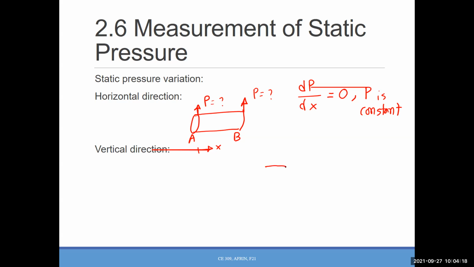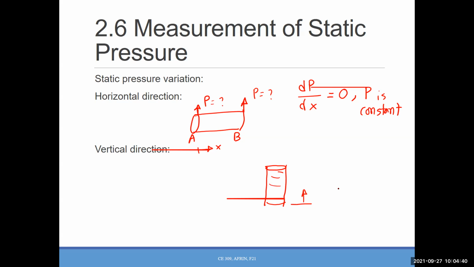After that, we started to discuss the pressure variation in the vertical direction. If we have a fluid column like this, we can start the Z scale from the bottom going upward, or we can start the scale at the top going downward.